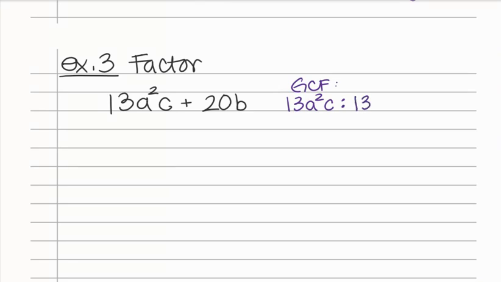Well, 13 is prime, so I'm just going to have 13 times a times a times c, and 20b. Well, 20 is 4 times 5. 4 is not prime, so I can say 2 times 2 times 5 times b.